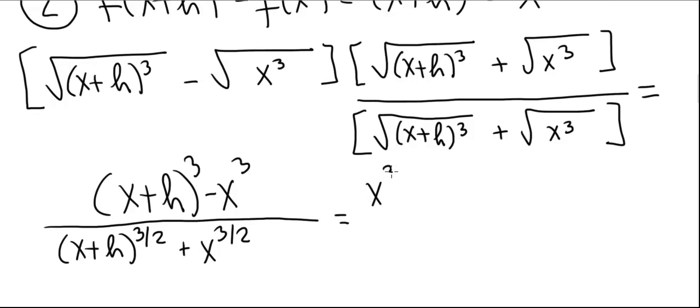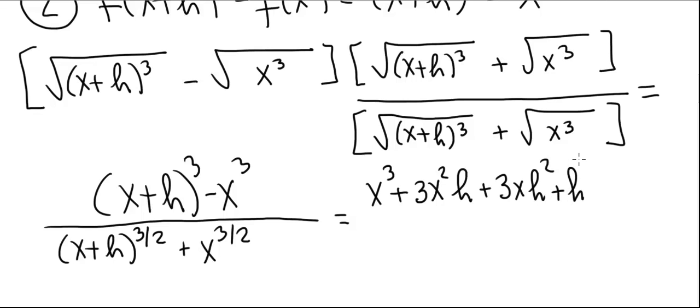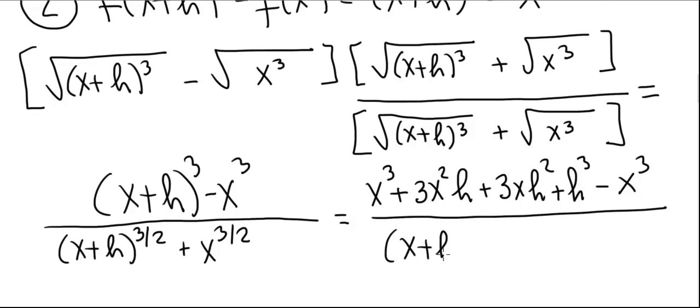It's x cubed plus 3x squared h plus 3xh squared plus h cubed. We also had minus x cubed in the numerator, and this is divided by x plus h to the 3/2 plus x to the 3/2.